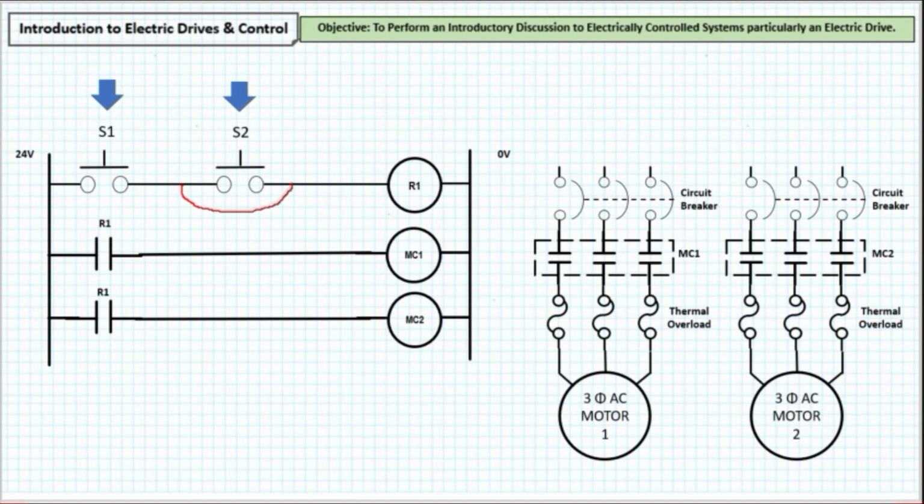Okay. So what if dun sa contact na R1, sa second contact niya, we also put a jumper wire here. So mangyayari, MC2 natin will be always energized. Thus even if pinutol natin yung S1 or S2, it will not affect the MC2 kasi directly connected na siya sa 24 volts.